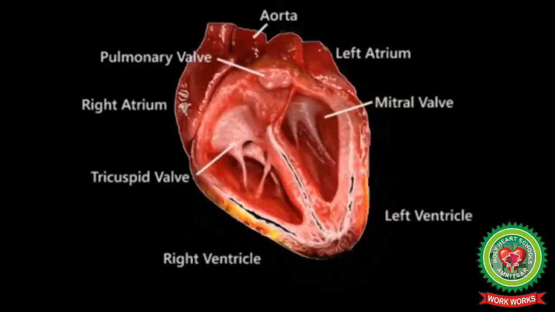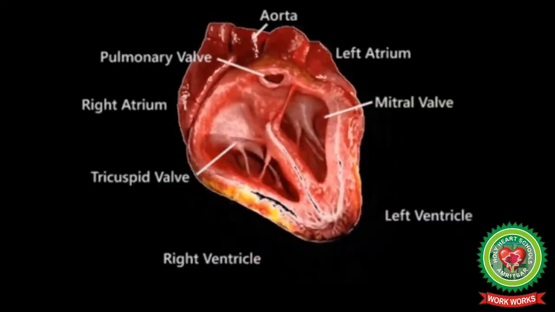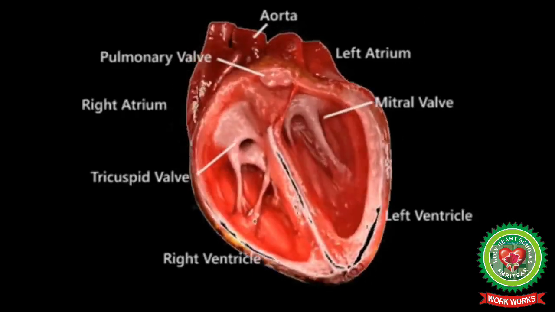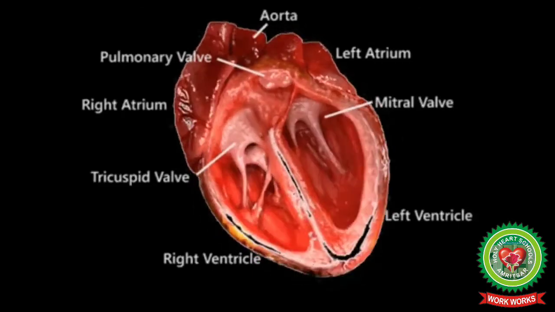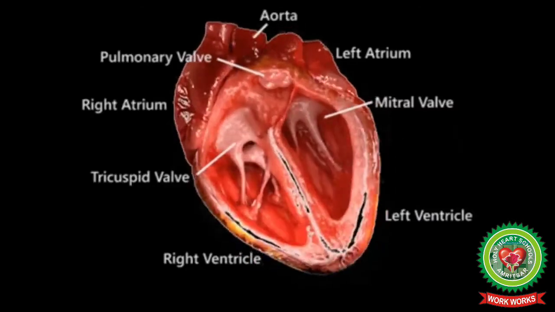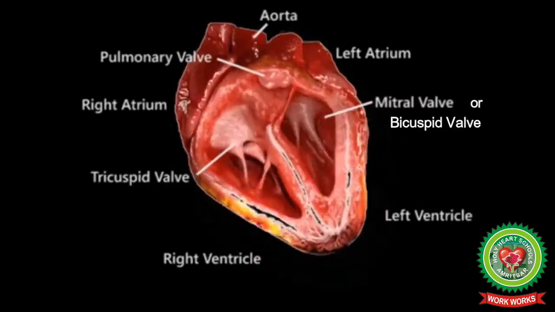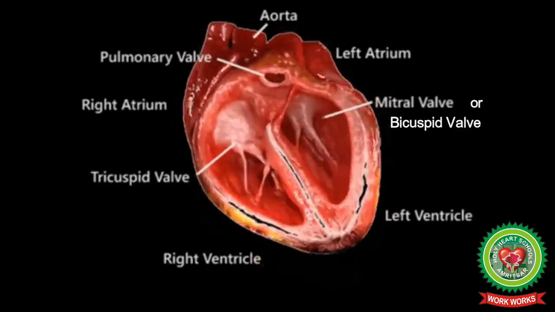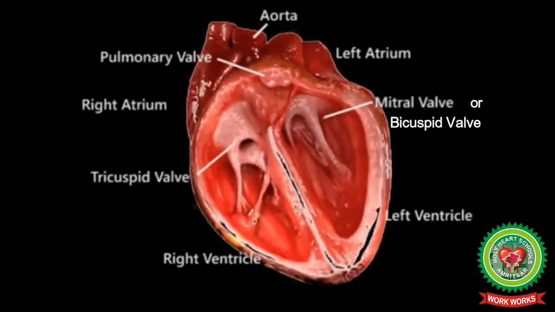The valve present between right auricle and right ventricle is known as tricuspid valve, and the valve present between left auricle and left ventricle is bicuspid valve or mitral valve.